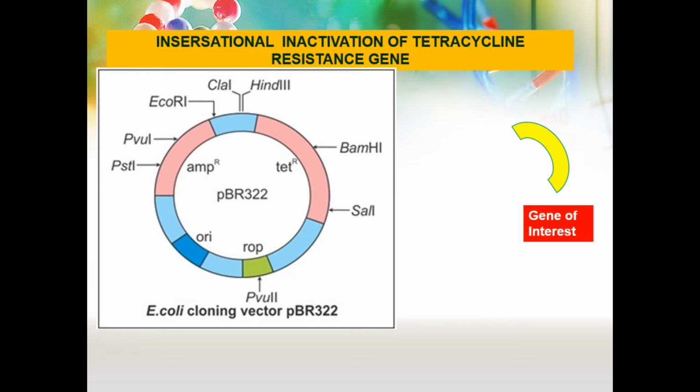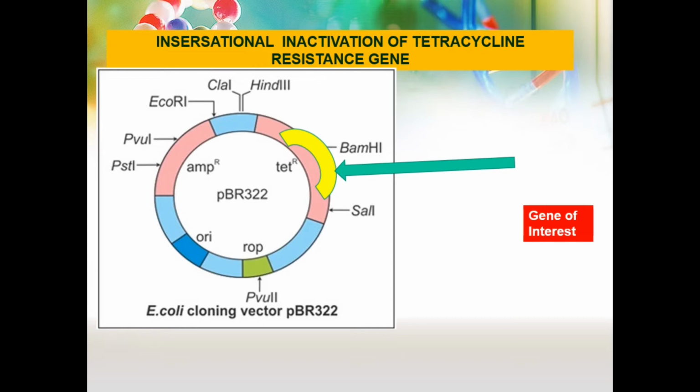Now when we bring them together and add ligase, the gene of interest gets introduced in the middle of the tetracycline resistant gene. So this plasmid is now known as recombinant plasmid, and it has lost its tetracycline resistant property.